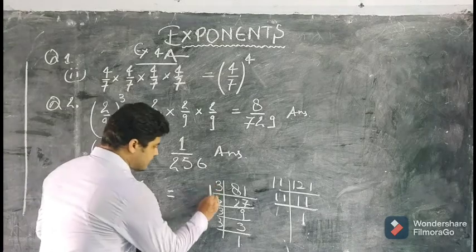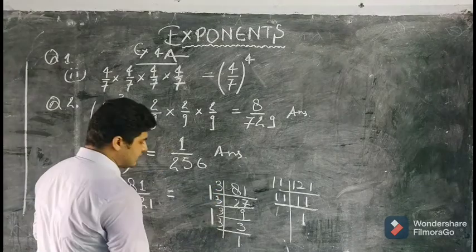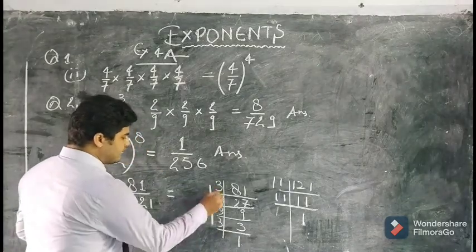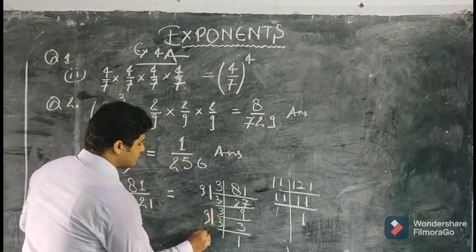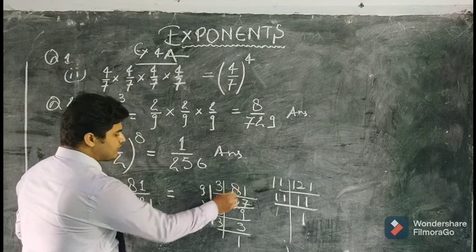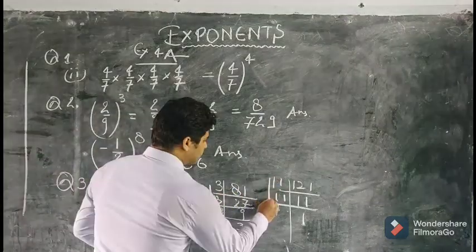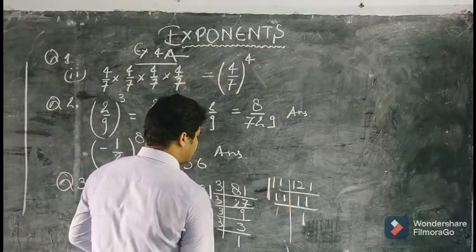If we make this a single number and this a single number, by this we mean what? 3 multiplied by 3 is 9, and 3 multiplied by 3 is 9. So 9 multiplied by 9 will give us 81, and 11 multiplied by 11 will give us 121.